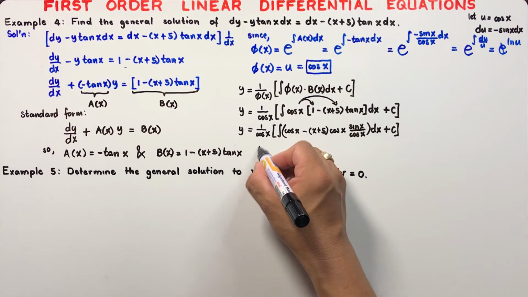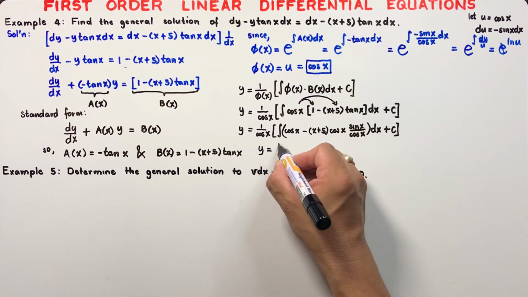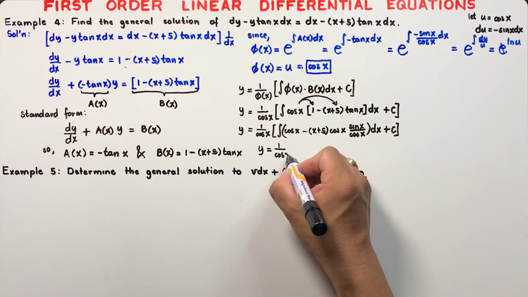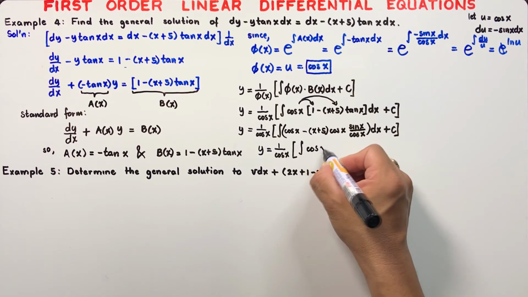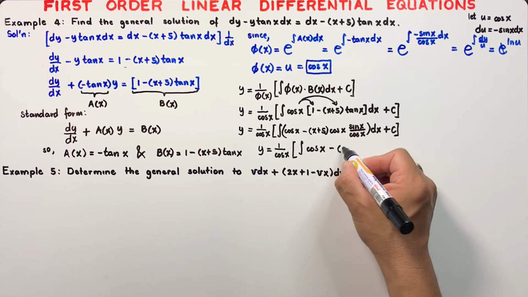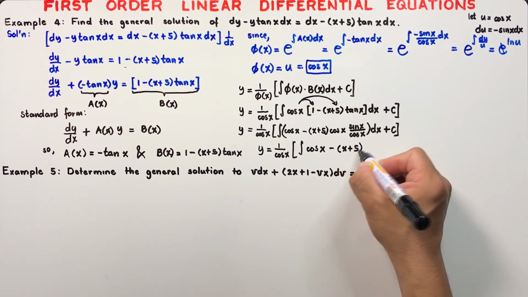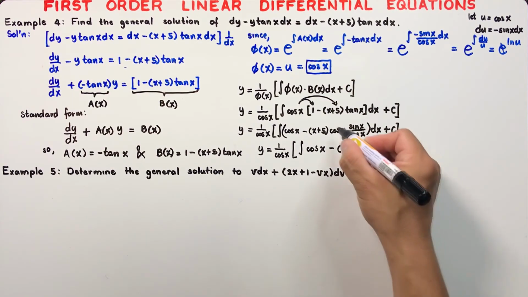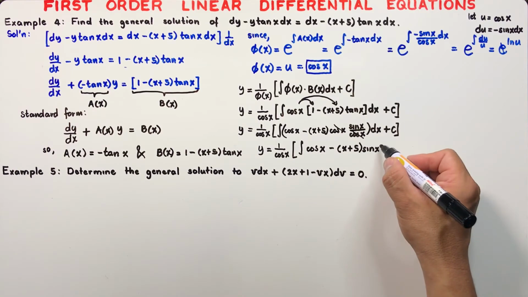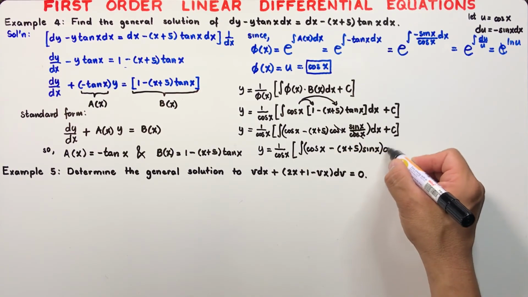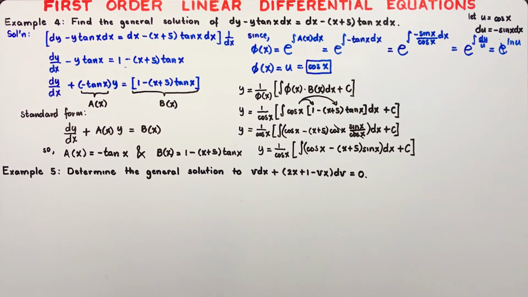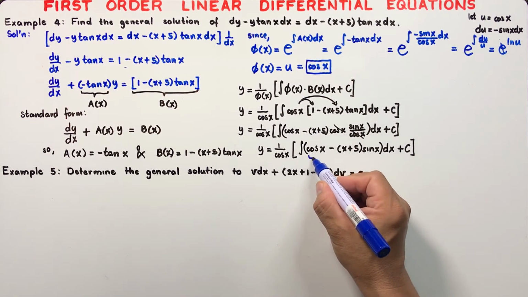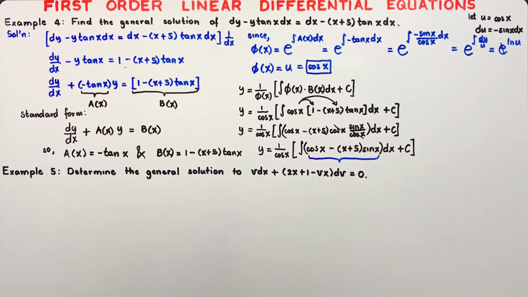So therefore, our solution function y, which is 1 over cosine x times the quantity of the integral of cosine x minus x plus 5 times sine x, because this cosine x here and this cosine x will be cancelled here. And this is added to the constant of integration c. But with a certain creativity, we recognize that this is already a differential of a product.